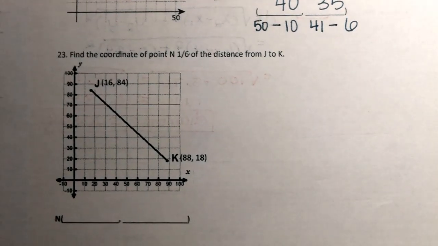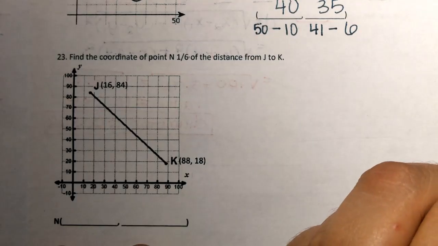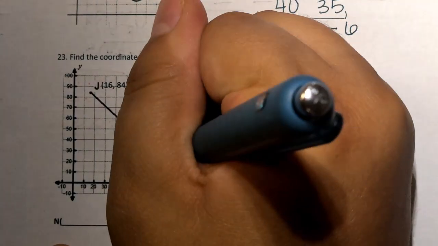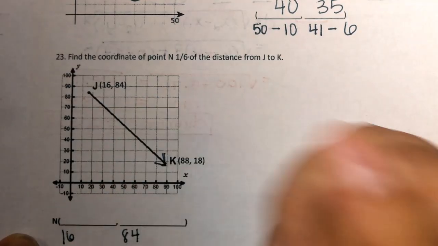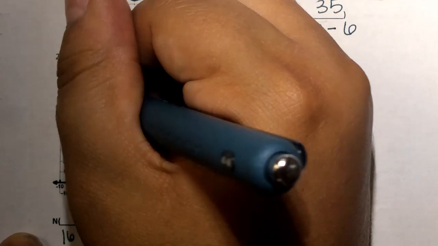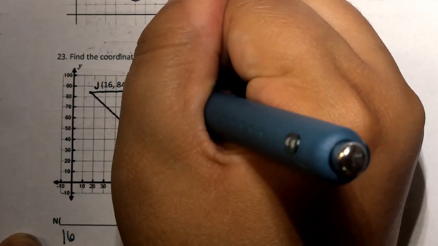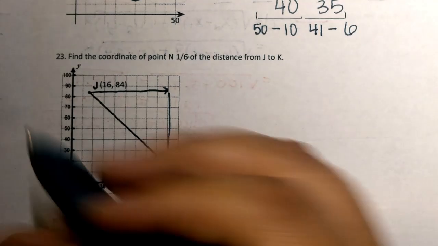Okay. So what am I going from what to what? J to K. So J is 16, 84. And what directions am I moving? Down and to the right. And if your triangle goes the other way, that's fine.